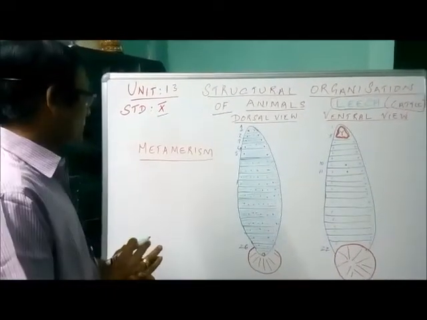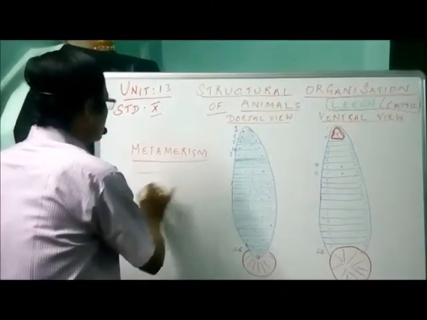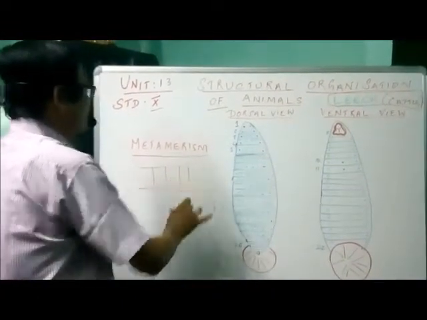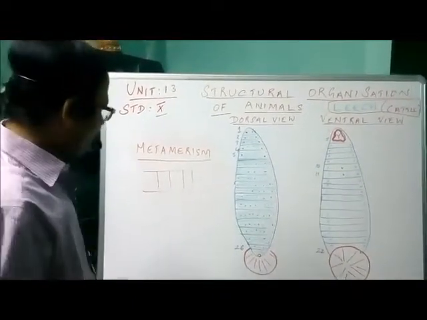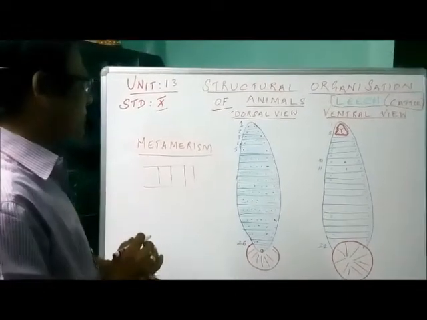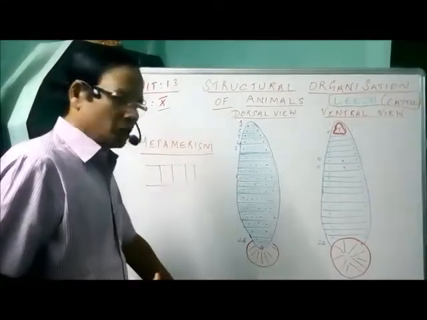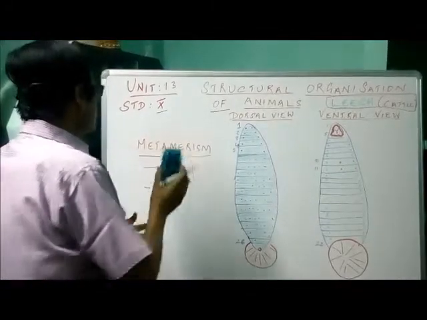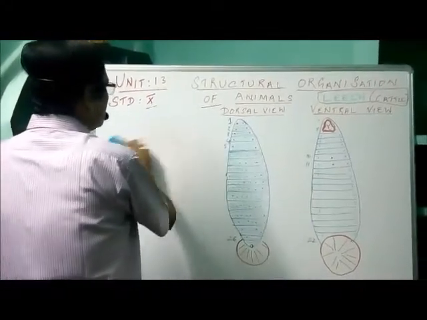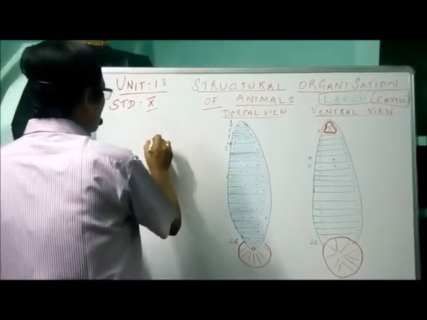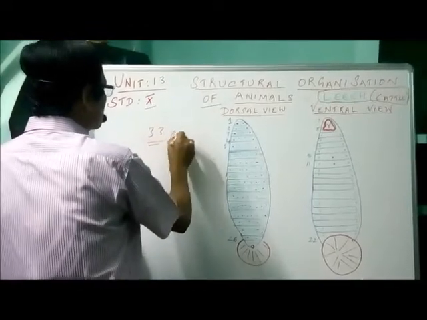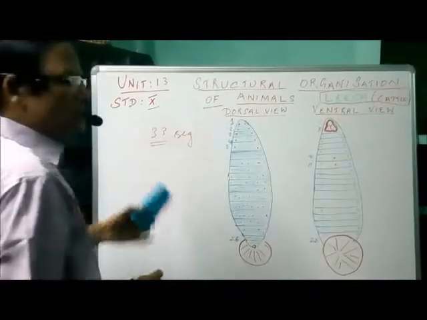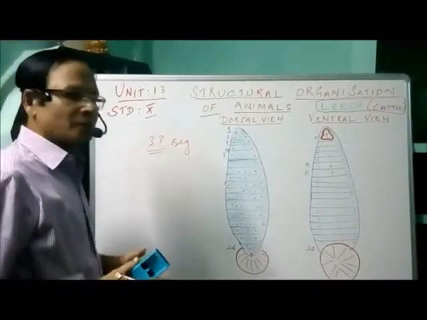This is called metamerism. So the body is divided into 33 segments. The number of segments present is always constant.